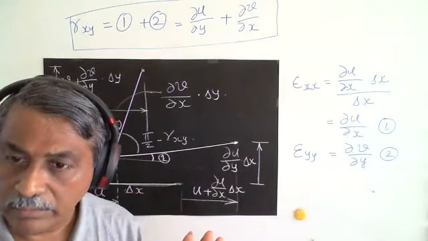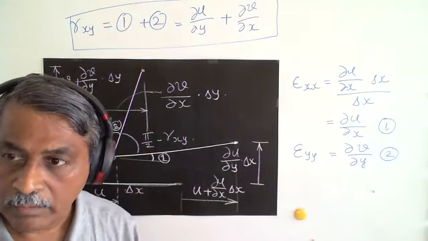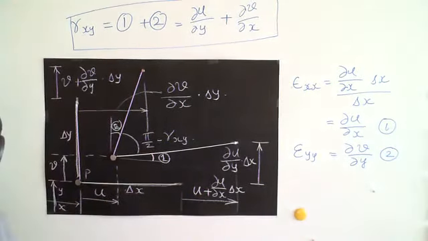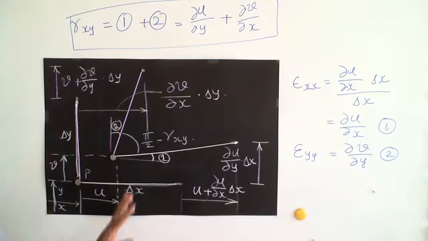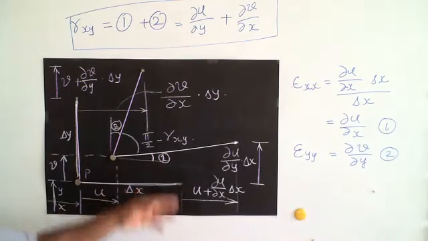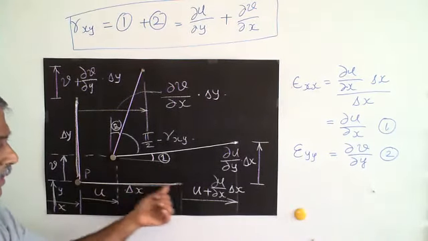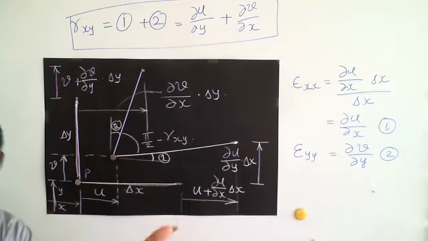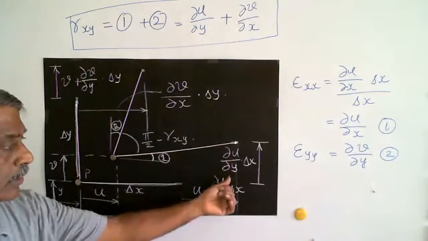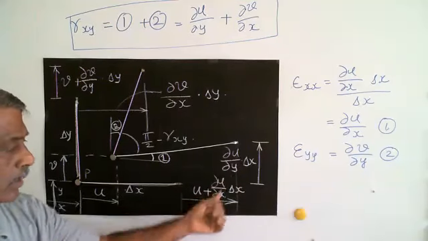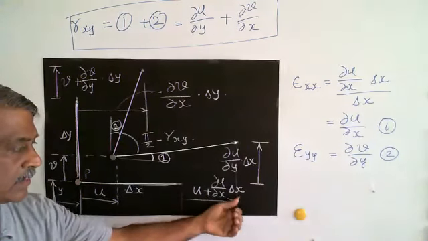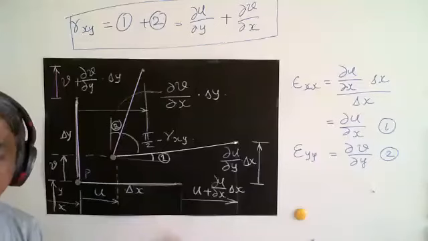Clear about it now? Any questions on this? It's a very, very simple idea. Remember, for all practical purposes, we have assumed that the elongations are small enough, so that dou u by dou x times delta x is very small compared to delta x.